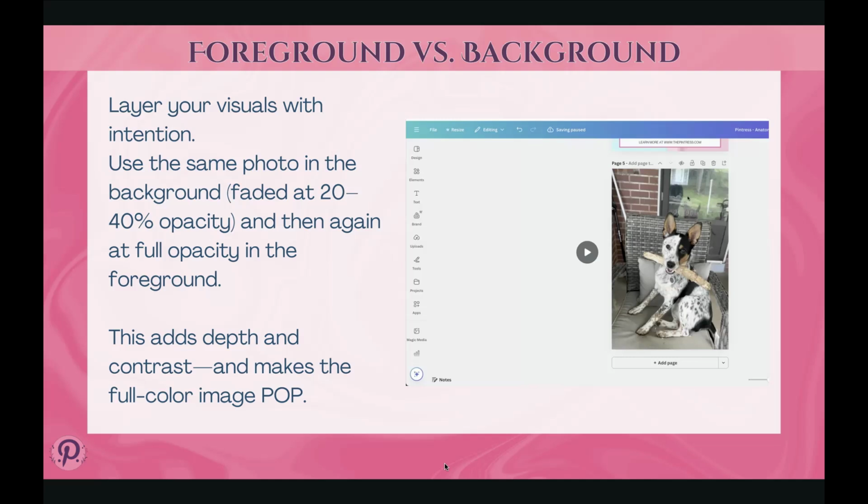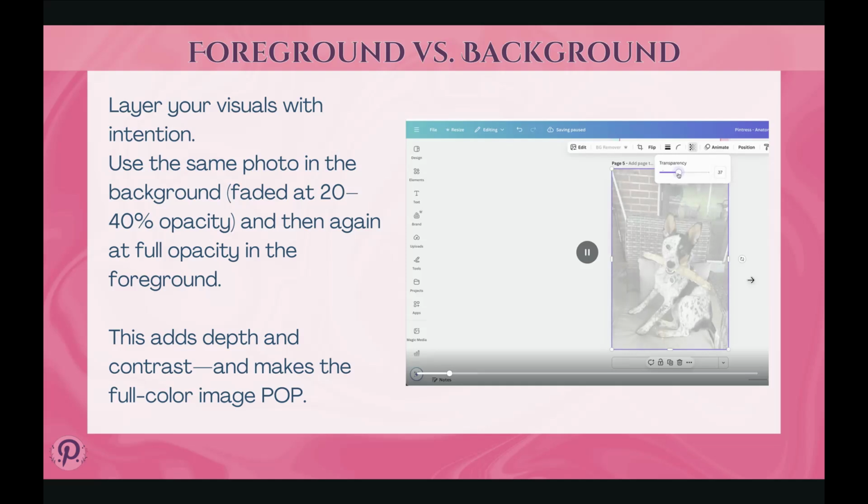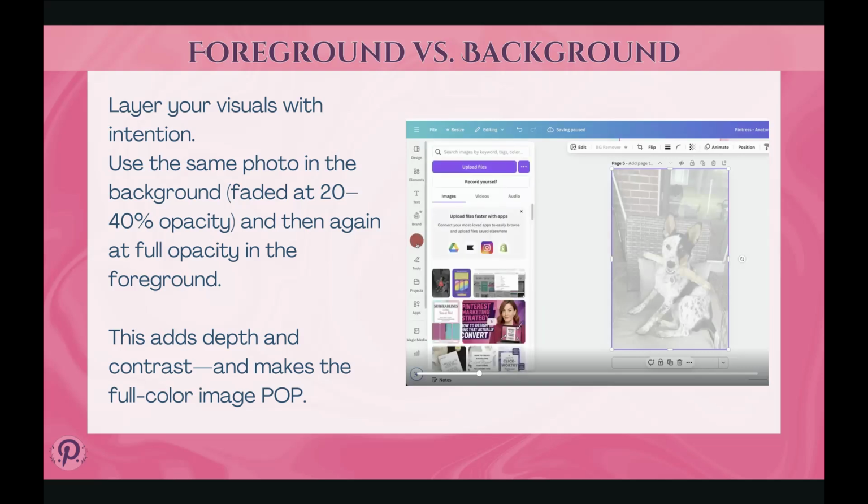So the next trick we're going to talk about is foreground versus backgrounds. This is kind of the transparency trick, and I'm going to show you three different ways here. So let me hit play there. So I have a picture of my gorgeous little baby Rennie there, and I set her as the background, and I put the transparency down to 35 in this example.